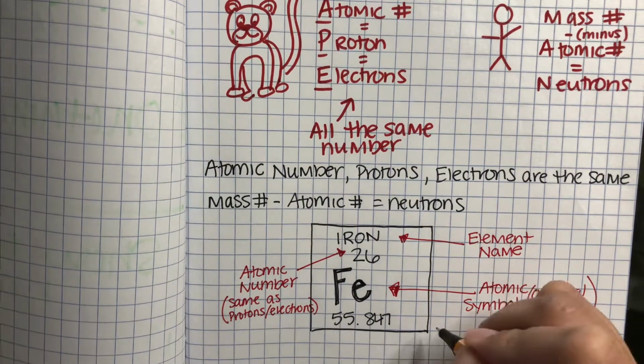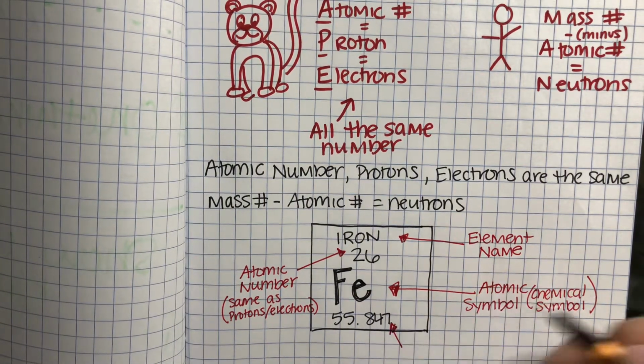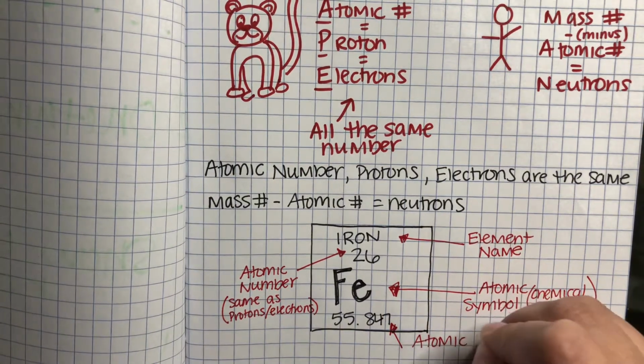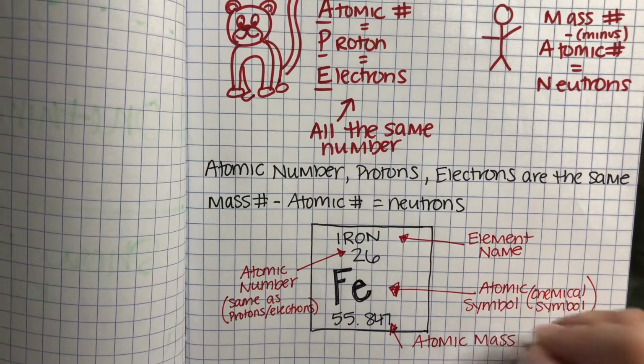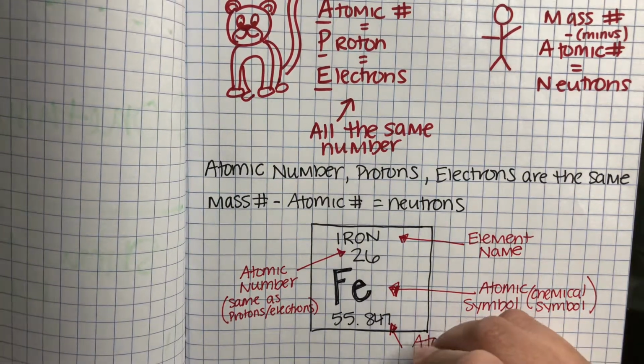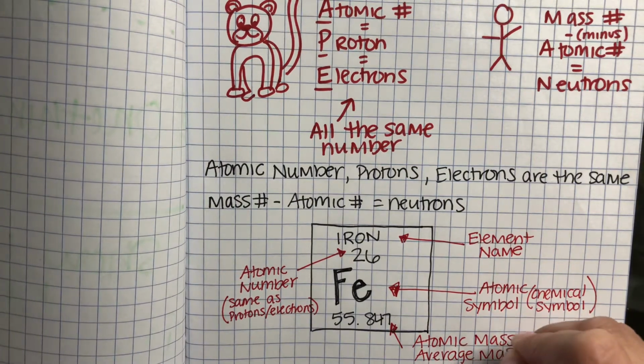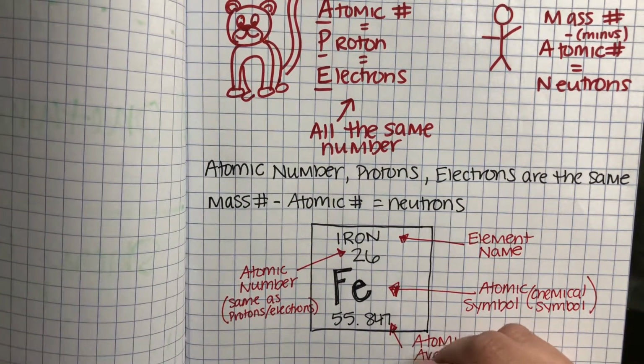And then this number down here is the atomic mass. Sometimes it can be called average mass, and sometimes it can be called average weight.